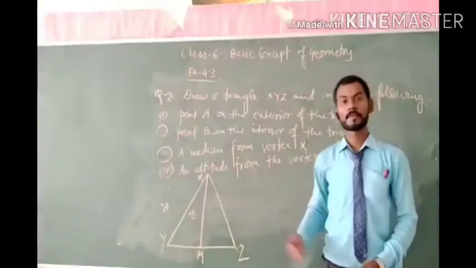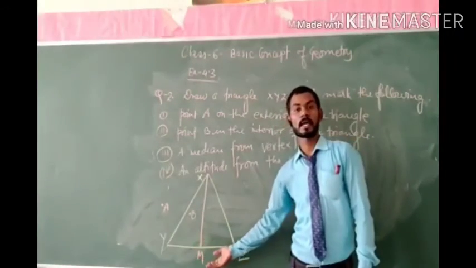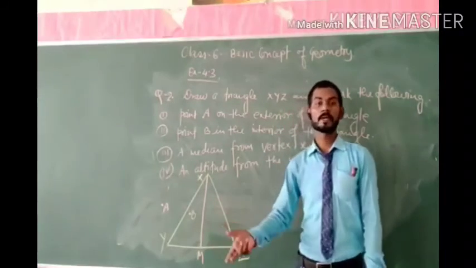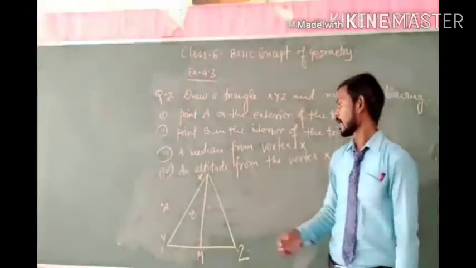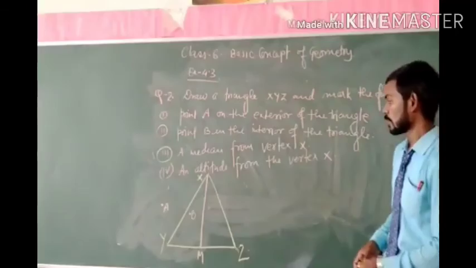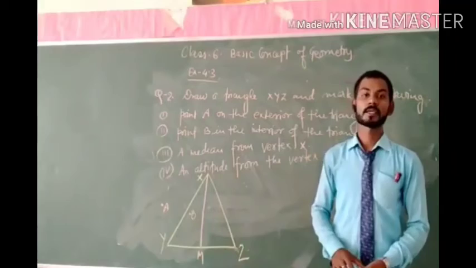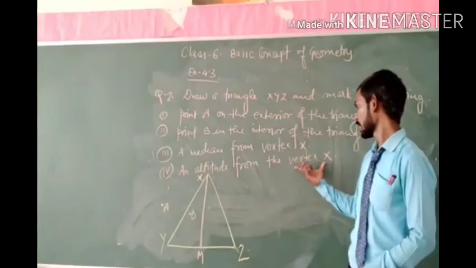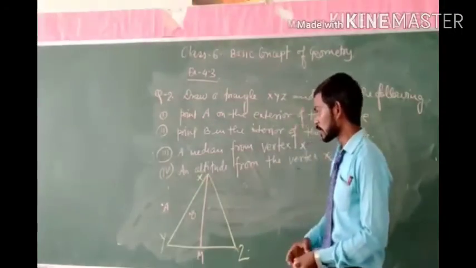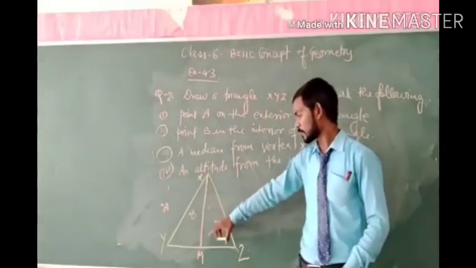As we defined before, if M be the midpoint of the side YZ, then the line segment XM is the median of the triangle. And also we have to draw the altitude. The perpendicular length from the vertex to the opposite base is called the altitude.